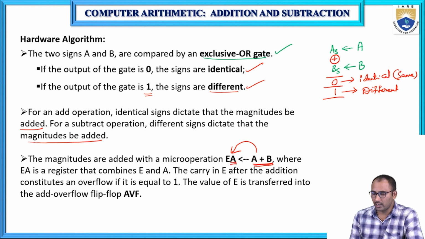A is the accumulator, and the sign of the result is stored in E, the extended accumulator. So E is the sign of the result. The carry in A after addition constitutes an overflow if it is equal to 1, and the value of E is transferred into the add overflow flip-flop AVF.